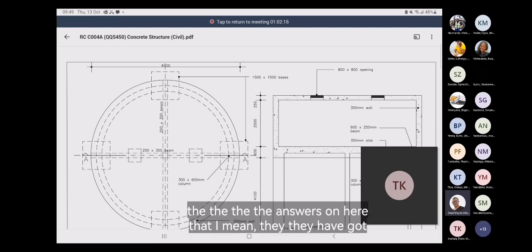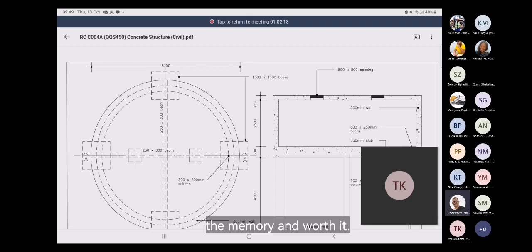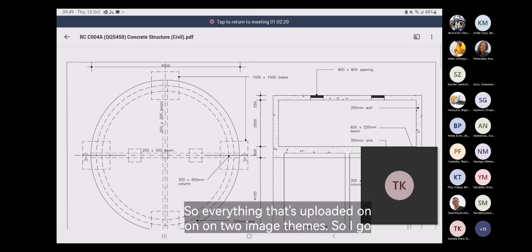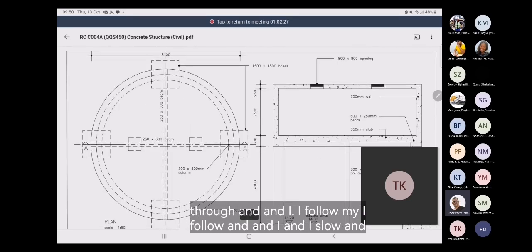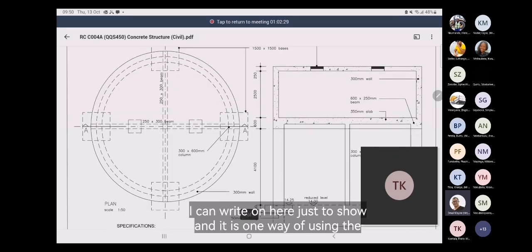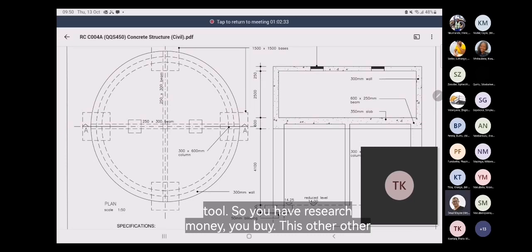They have the memorandum with it. It's uploaded onto MS Teams. So I go through and follow and scroll and I can write on here just to show. It is one way of using the tool. I bought this out of my research money.